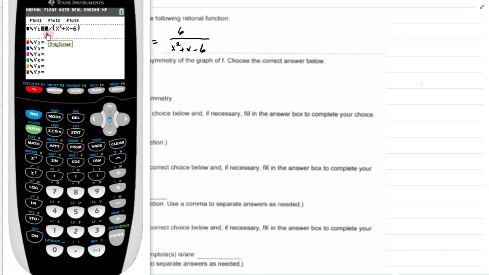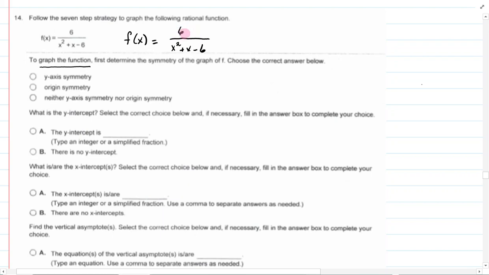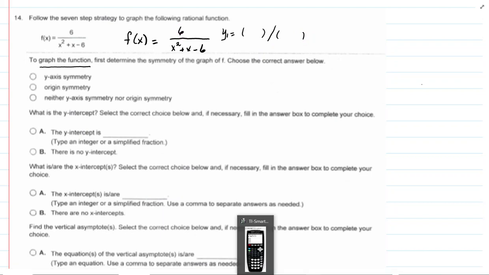Now, if the numerator had more than just a single term, I would have to put it in parentheses. So when you put them into the y equals, say it's y1, typically you do parentheses divided by parentheses. The only reason I didn't do them for the numerator is because it had a single number 6.